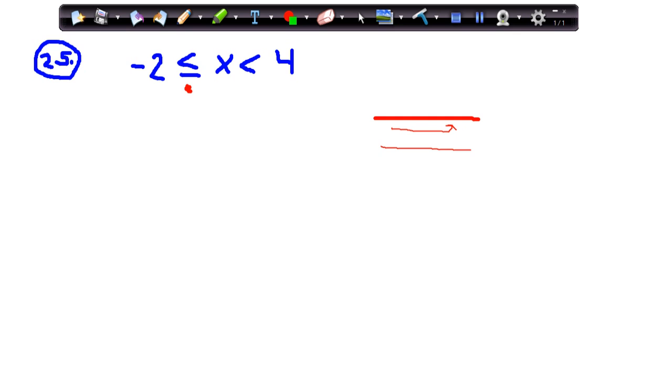So the only possible choice with that thick line that shows a -2, which is included because it says -2 less than or equal to, is D, because you see it has the -2 with a closed dot, and then look at less than 4. It has an open dot for the 4, which tells us less than 4 because 4 is what? Not included.